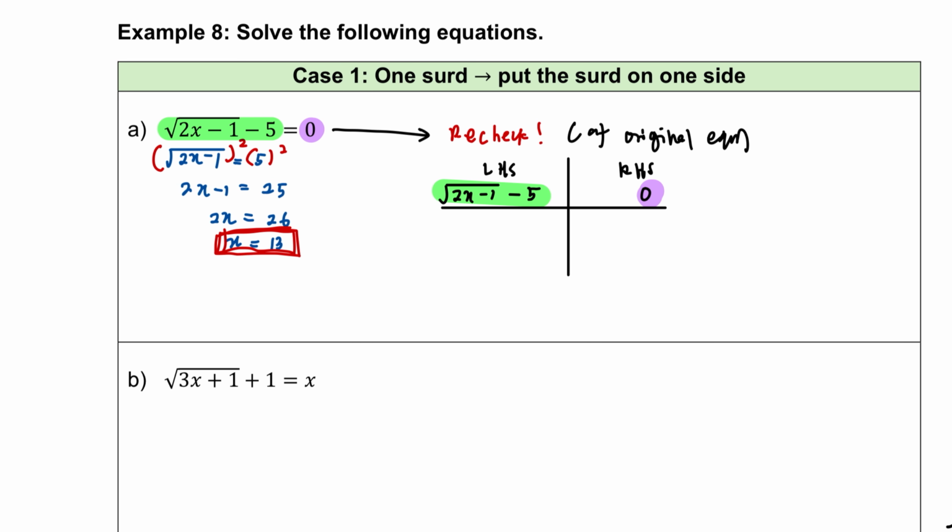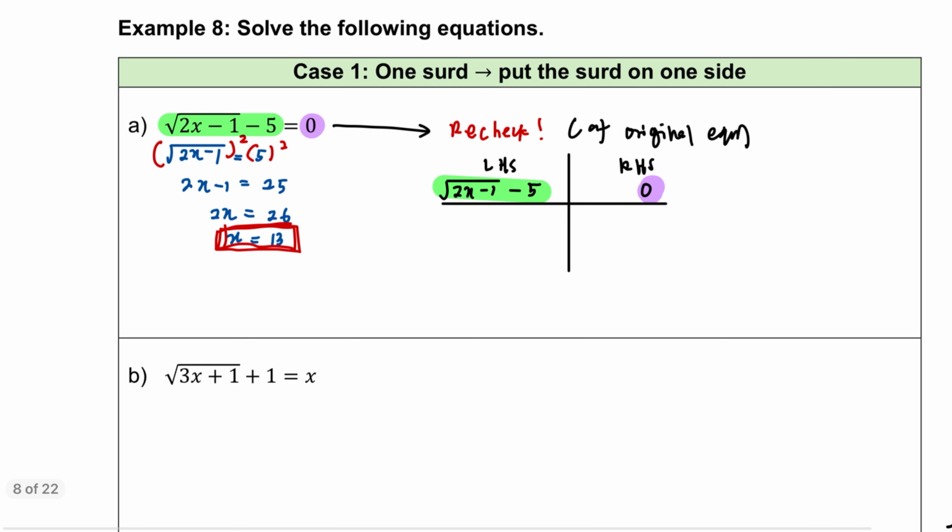Okay, and then apa yang kita nak buat? So we are going to substitute the value that we have, x equal to 30, into our left hand side as well as into our right hand side. So kita substitute value. So masukkan 2 times 30 minus 1 square root, and then minus 5. Okay, so kita akan dapat equal to 0. Belah kanan pun kita dapat equal to 0. Okay, from here, what do we see?